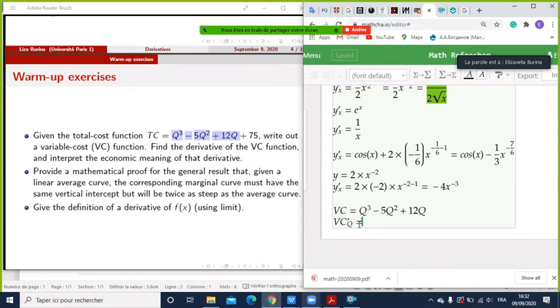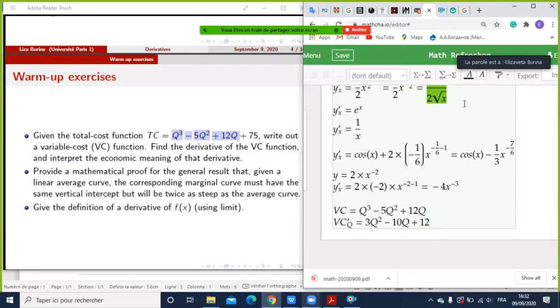Given we already produced 100 details, maybe now an additional detail doesn't require as much to produce as, for example, the first detail, right? Okay, so let's take the derivative. It will be 3Q to the power of 2 minus 10Q to the power of 1 plus 12. Q to the power of 1 is the same as just Q. Okay, perfect. So we have a function of the variable cost.